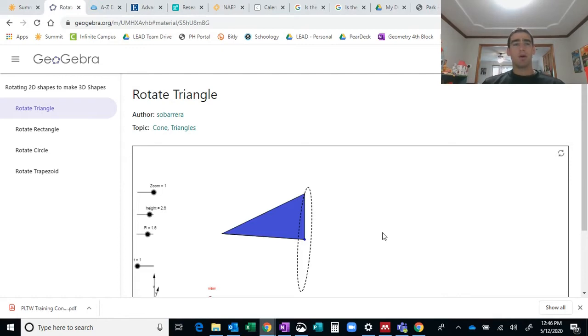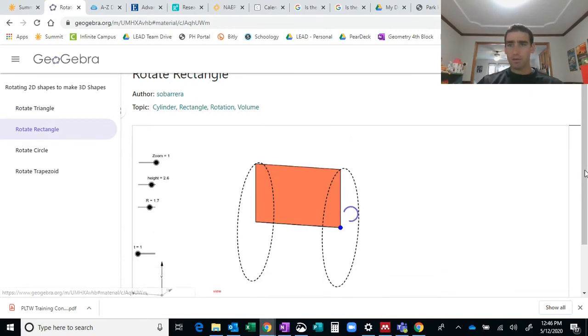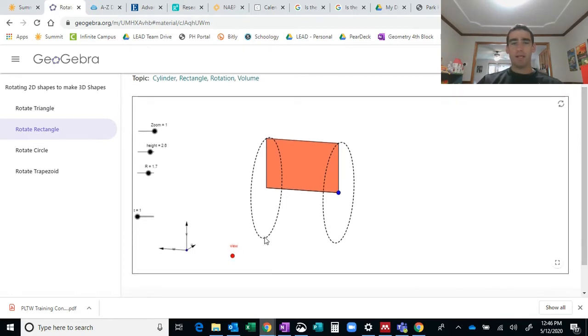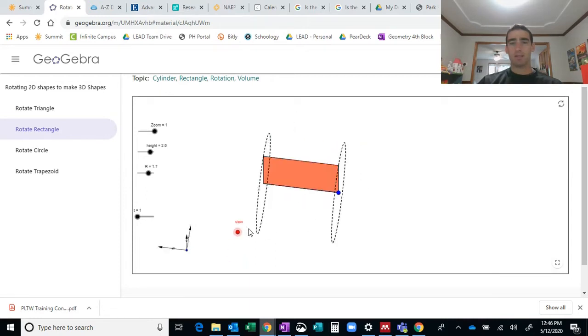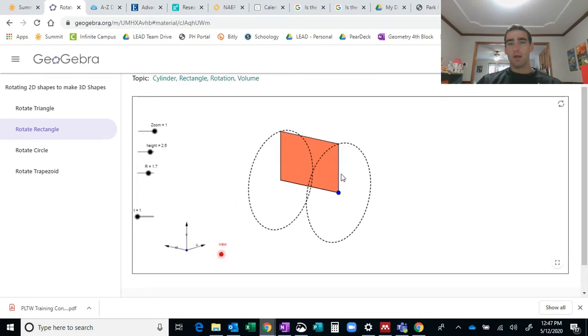Okay, so let's do the one that we saw first. This is rotating a rectangle. Notice we've got a rectangle, and right now it's just two dimensions. I can spin it around and view it from different angles. Ultimately, I'm going to rotate that rectangle around this line right here.